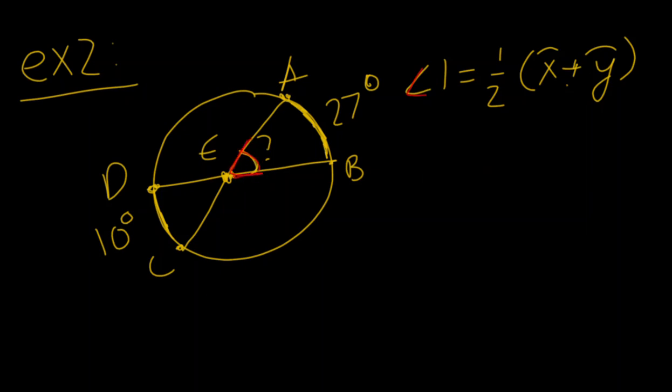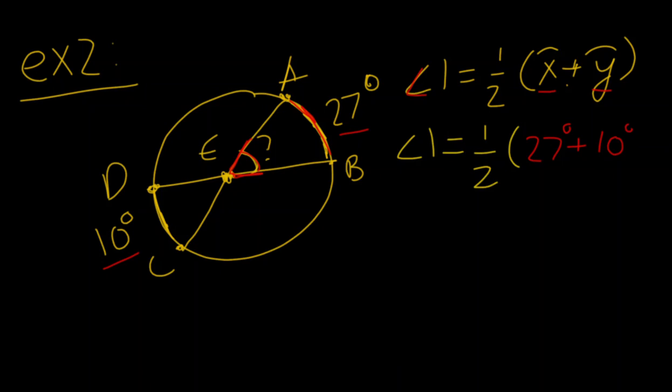So this is, in fact, the angle we're looking for, but we don't know it, and so we'll keep that as angle 1 equals 1/2 parentheses. Now we know arc X is our larger arc, and that turns out to be the 27. So I can plug that in: we have our 27 degrees plus our arc Y, which is our smaller arc, 10 degrees.